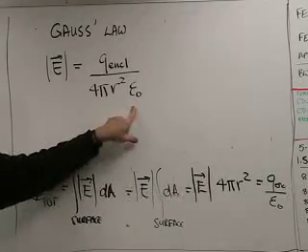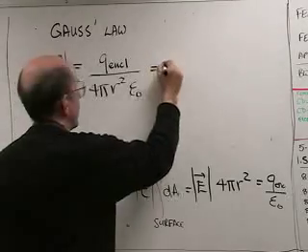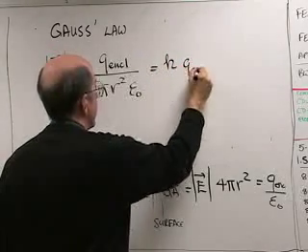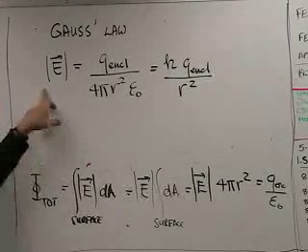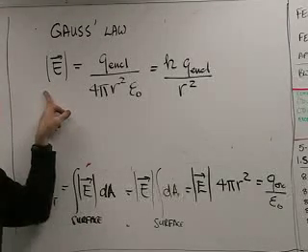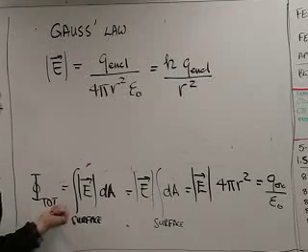Remember that 1 over 4 pi epsilon 0 is equal to K, and so this is K times Q enclosed over r squared. And so we've just done the Coulomb's law derivation. We've just derived Coulomb's law as a special case of Gauss's law.